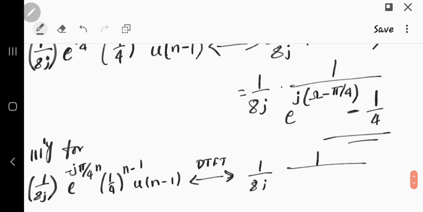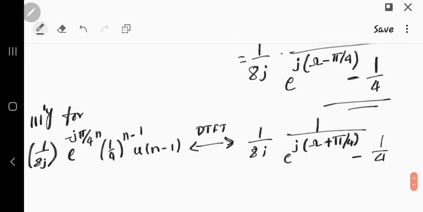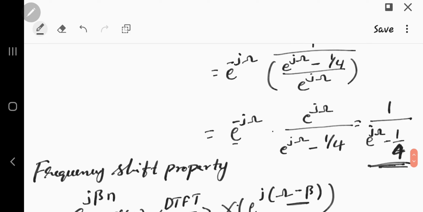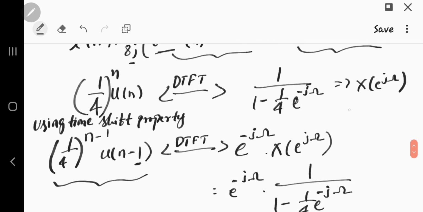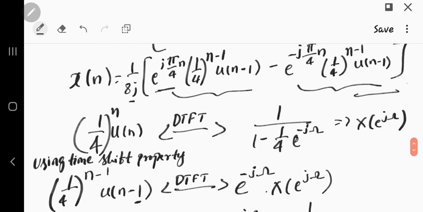So you have minus j, you have minus j minus π/4. That means e^j(ω+π/4) minus 1/4. Now this term, we should give a name to this one.